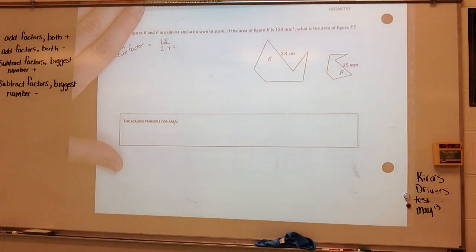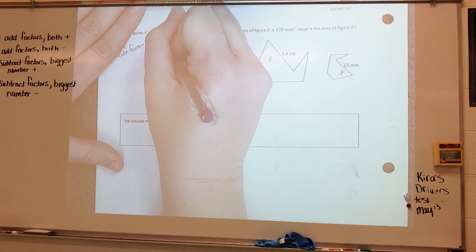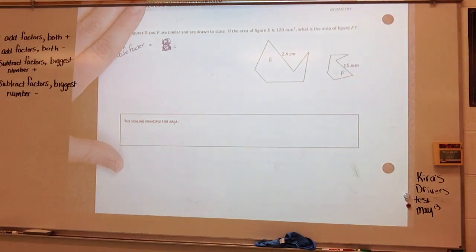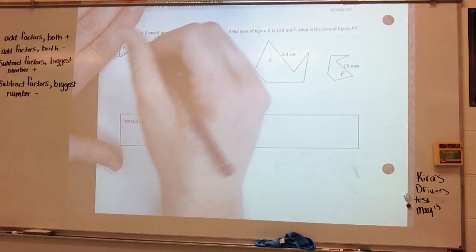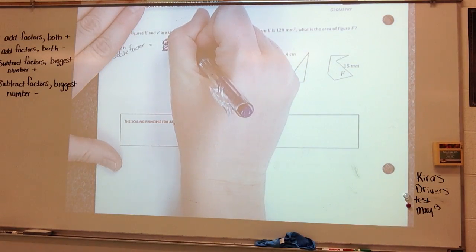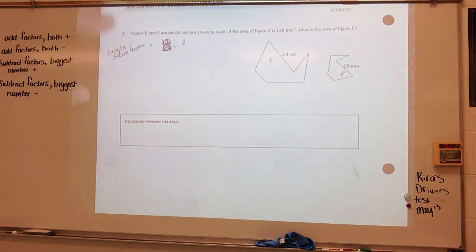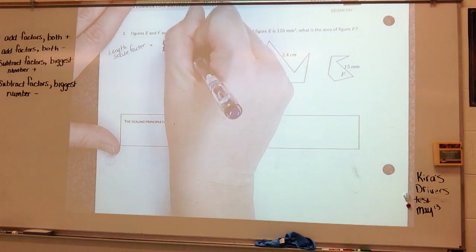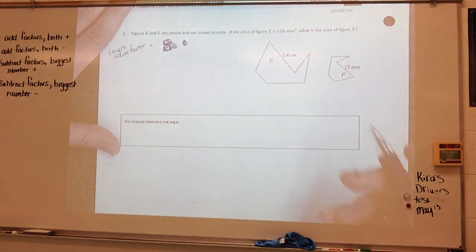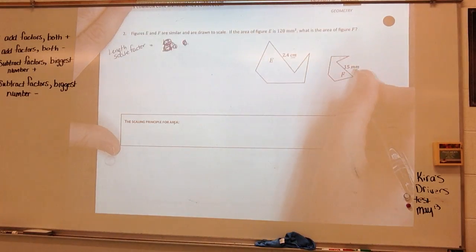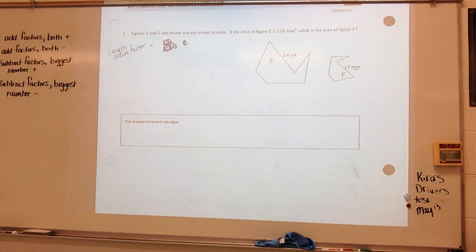You know what? E is my dilated, so that's not right. I need to identify my original. And not only that, guys, I failed to look at this: I've got centimeters there and millimeters there.